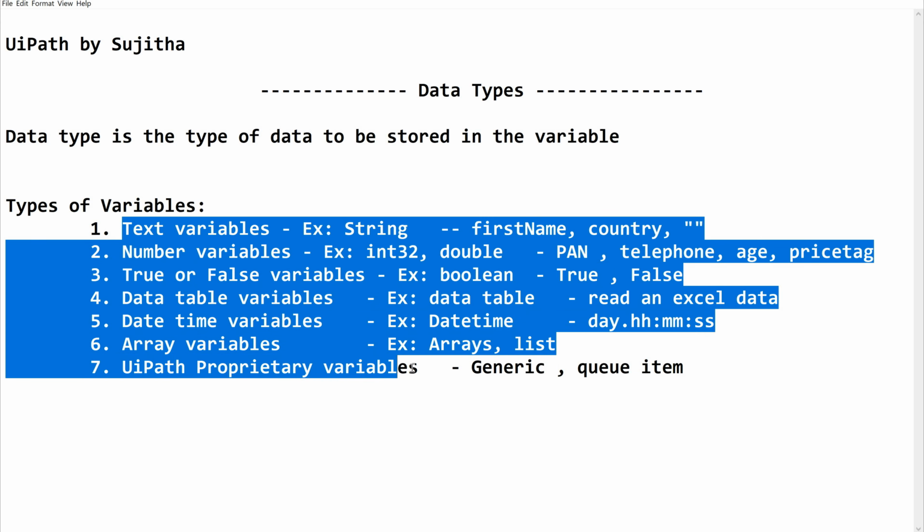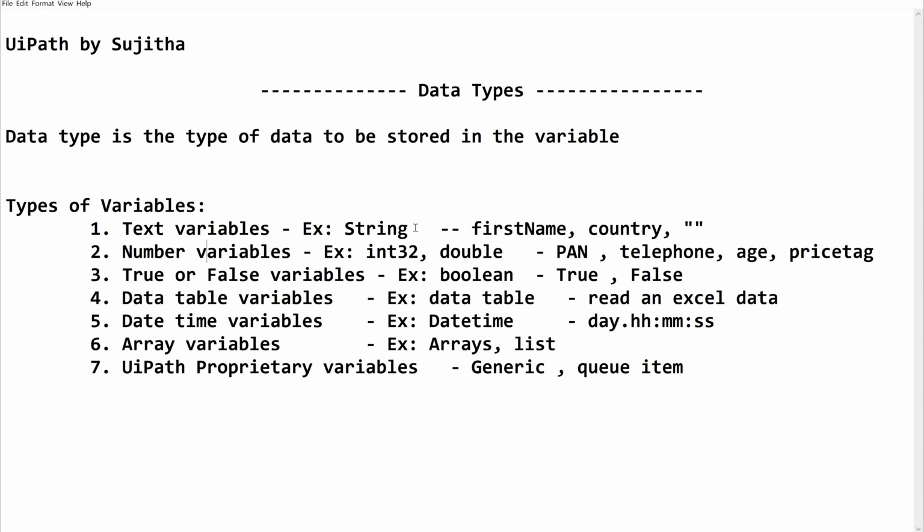In order to accommodate all these kinds of variables, we need to have multiple data types. In order to accommodate text variables, we have something called string. In order to accommodate number variables, we have int32, double and so on.